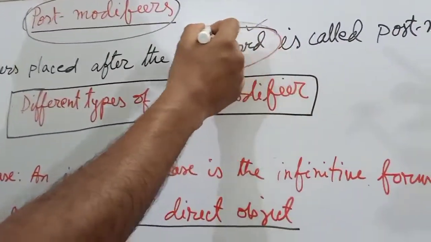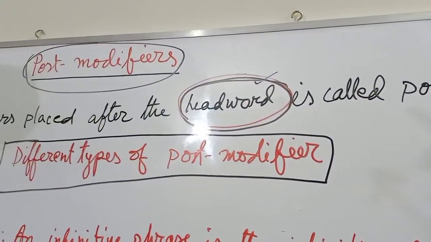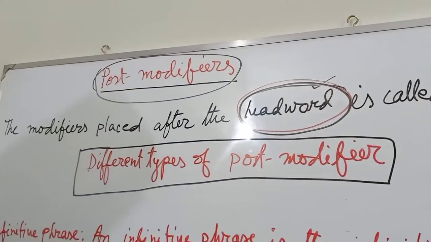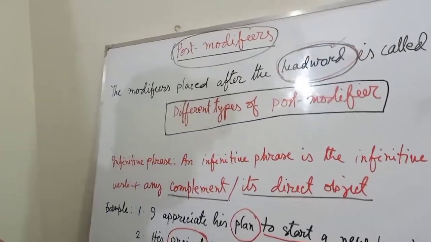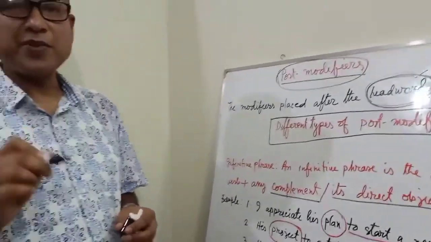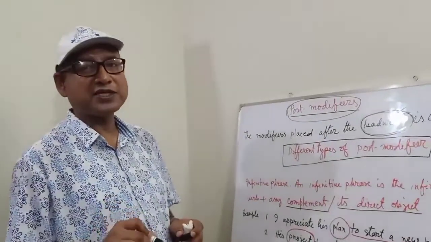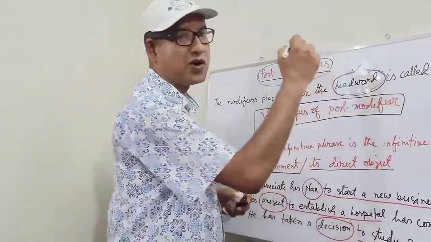After the head word, the very word here is used. The head word is the word which is modified. যে শব্দটাকে আমরা মডিফাই করি বা যে শব্দটা মডিফাইড হয়, that is head word.